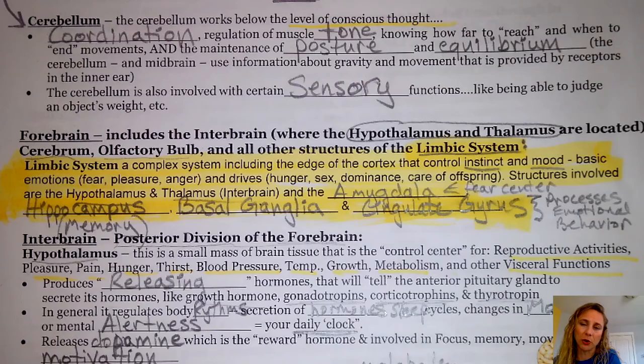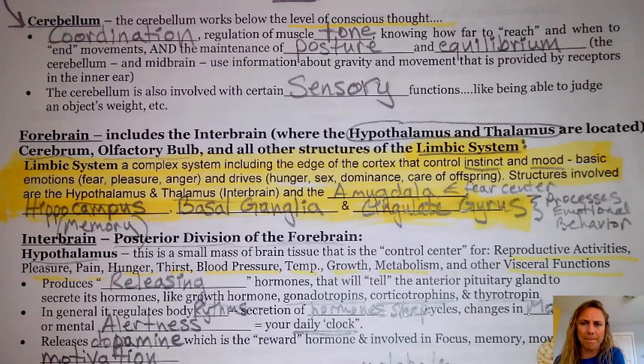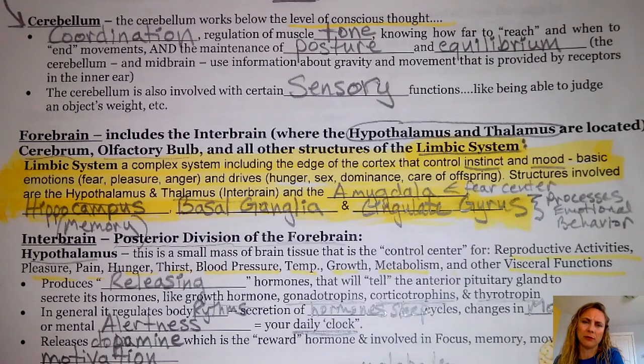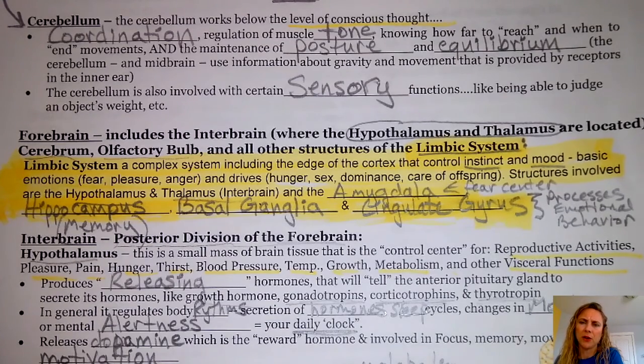So some good instincts there. Structures involved are hypothalamus, thalamus, which are part of the inner brain, the amygdala, hippocampus, basal ganglia, also cingulate gyrus, which is involved with emotional processing behavior.